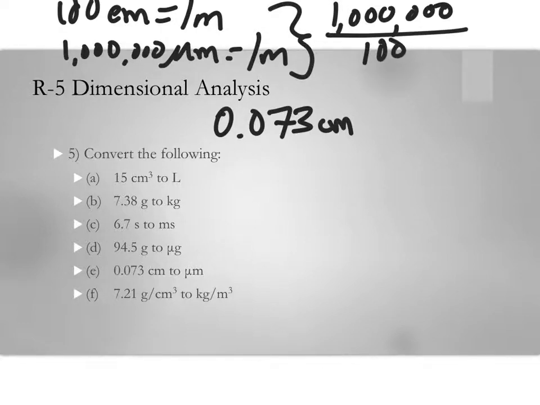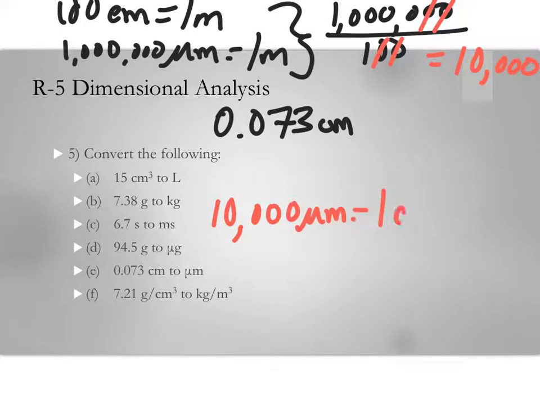divided by 100. And you've got 1, 2, and 1, 2. Those cancel out. And then you've got 4 zeros there. That equals 10,000. So what that actually tells us is we have a new conversion factor, that there are 10,000 micrometers in 1 centimeter.